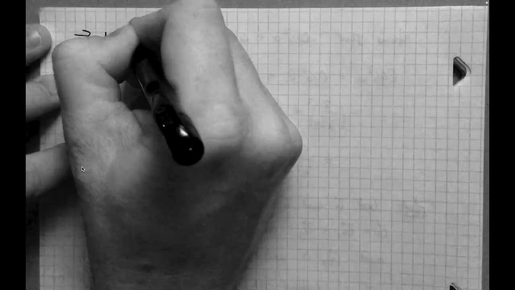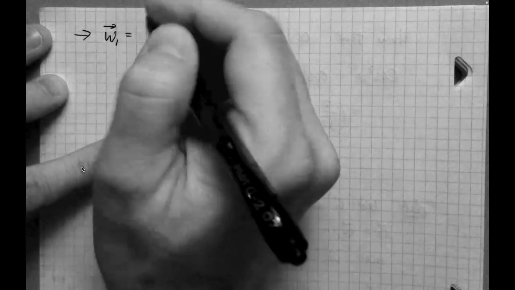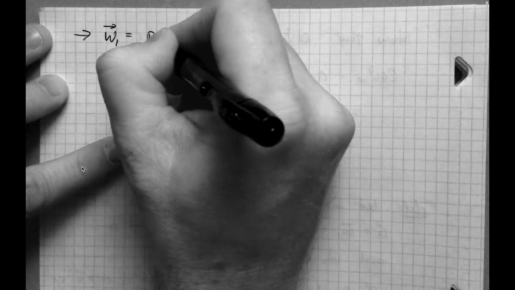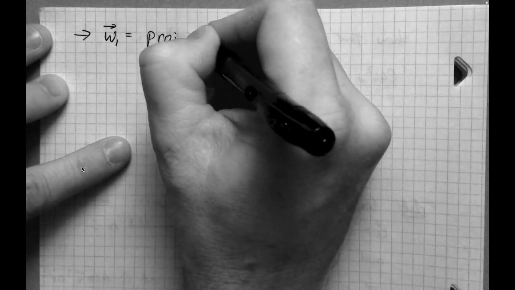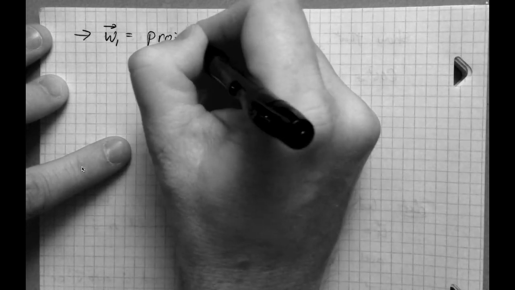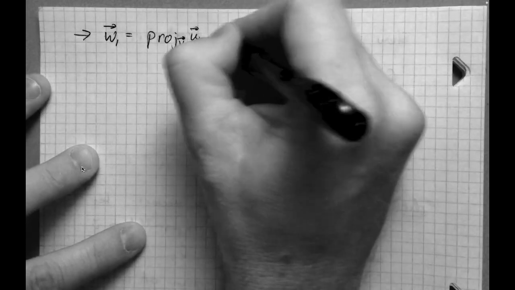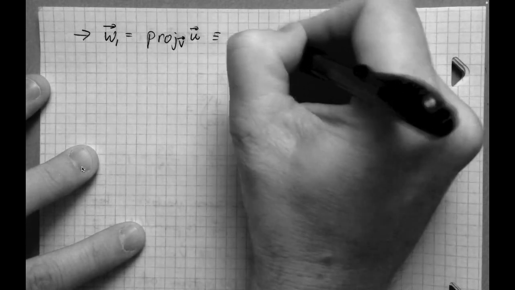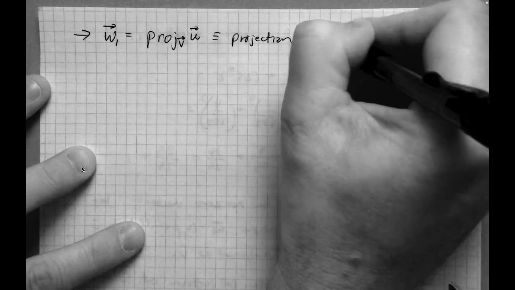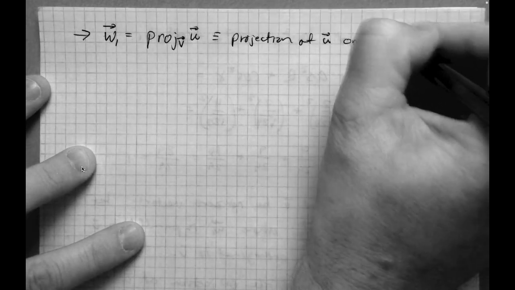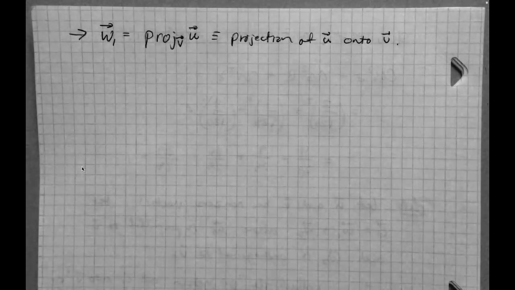Okay, so let's remember here that w1 is a vector, and it's equal to the projection of u onto v. Okay, and that's what we would say, the projection of u onto v. So v and u are not the same.